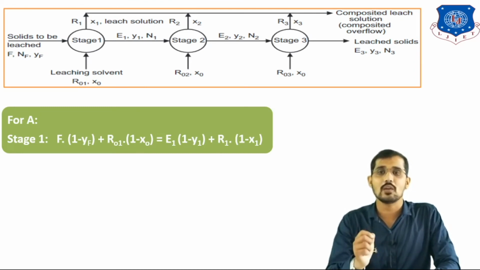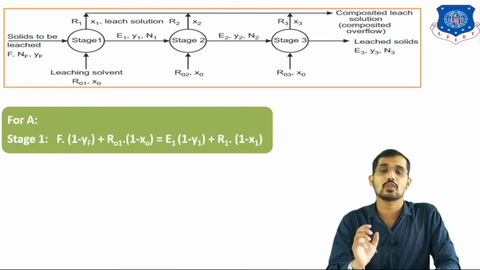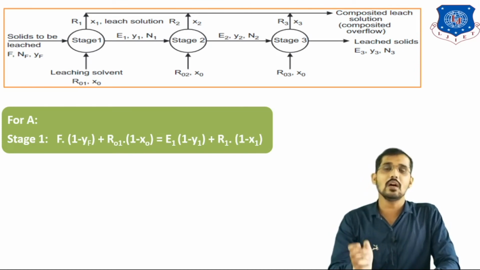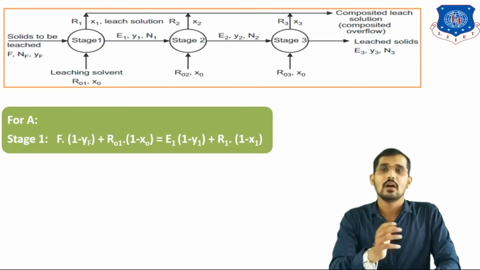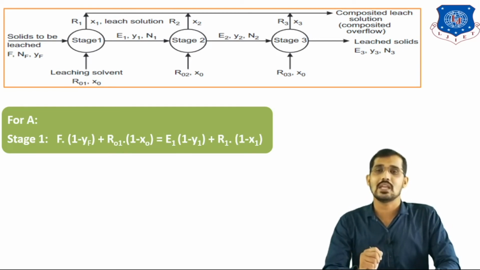Similarly, plus R0 1 in bracket 1 minus X0. 1 minus X0 is the mass fraction of the solvent, and X0 is the mass fraction of the solute. Similarly, on the outlet stream, on the right hand side, we write E1 in bracket 1 minus Y1 plus R1 in bracket 1 minus X1.